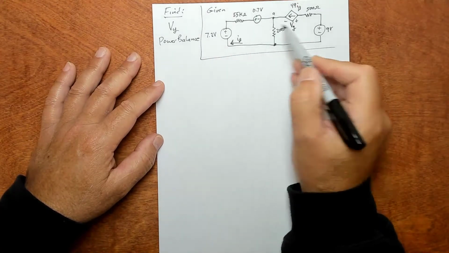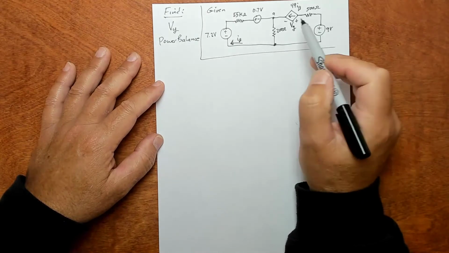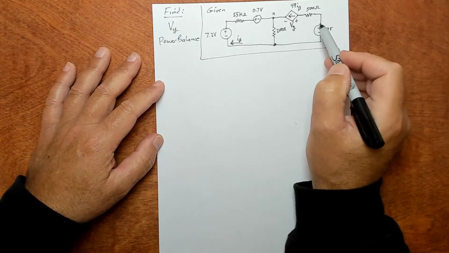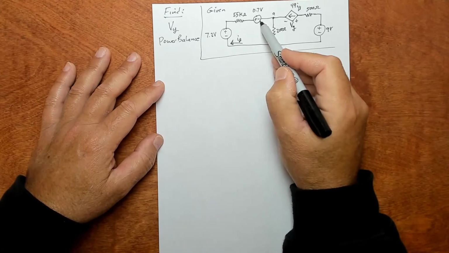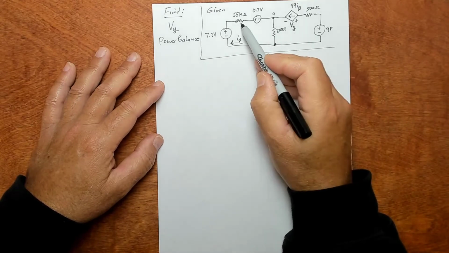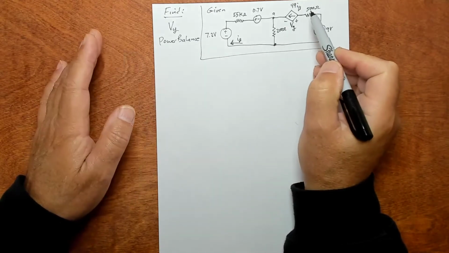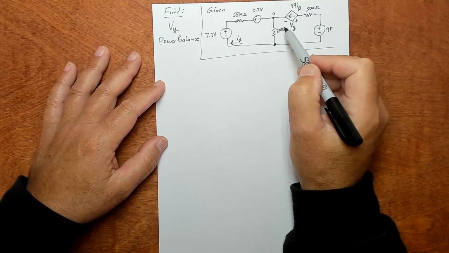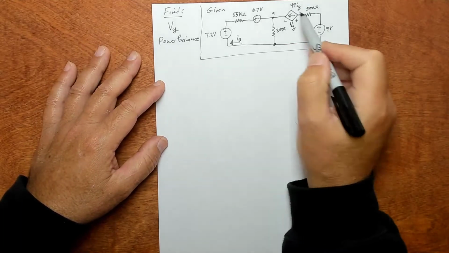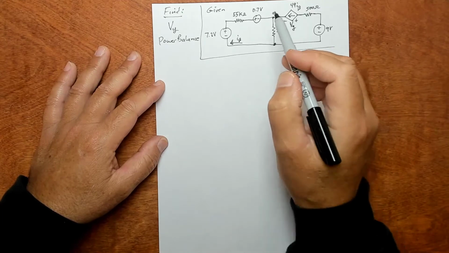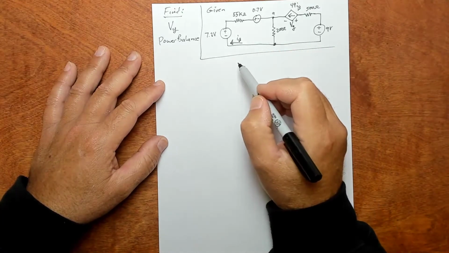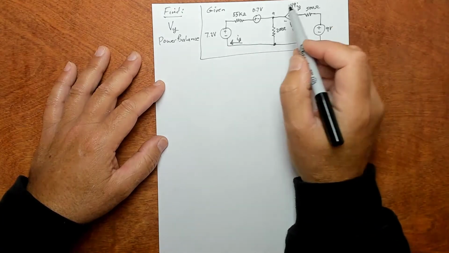This one will be delivering power, and this one will be delivering power. And these three resistors are going to be loads, because resistors are always loads. The point is there's a lot to keep track of, and that's part of what this problem is about: keeping track of all the information.